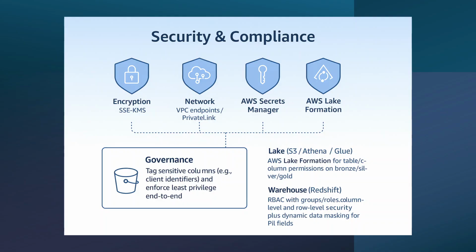Optionally, we can also add Macie for PII scans and GuardDuty for anomaly detection. The goal is complete traceability and continuous compliance, which is extremely important in every architecture design.